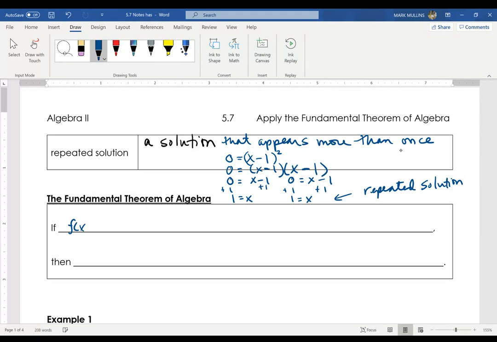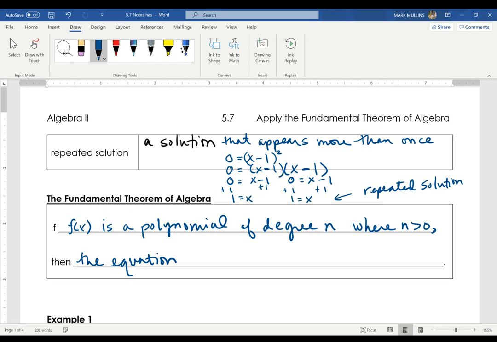So if f of x is a polynomial, I feel like this is the big reveal right now, of degree n, where n is greater than 0, then the equation f of x equals 0 has exactly n solutions.